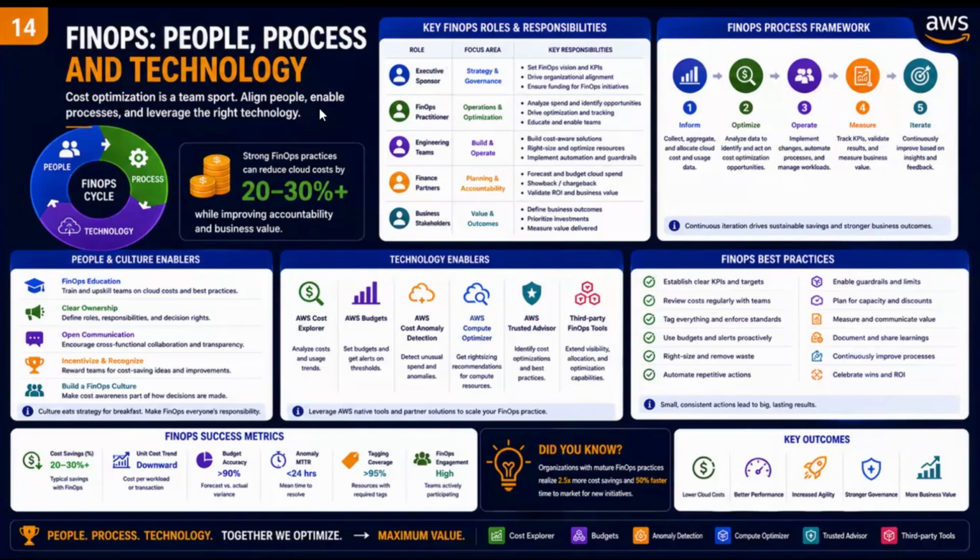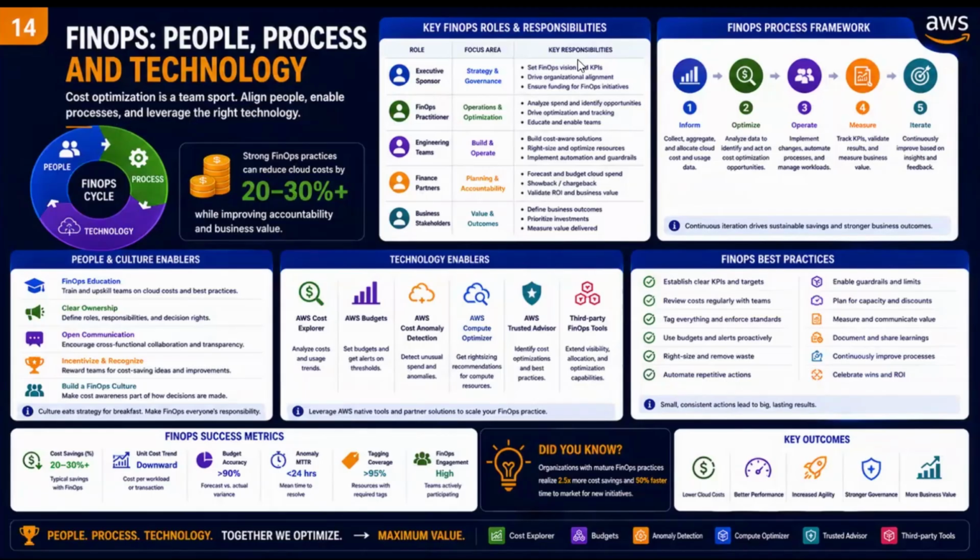So FinOps is an ecosystem where the people align with the process and then the technology. Then you make an ecosystem, and FinOps with cost optimization is a team sport: align the people, enable the process, and deliver the right technology.